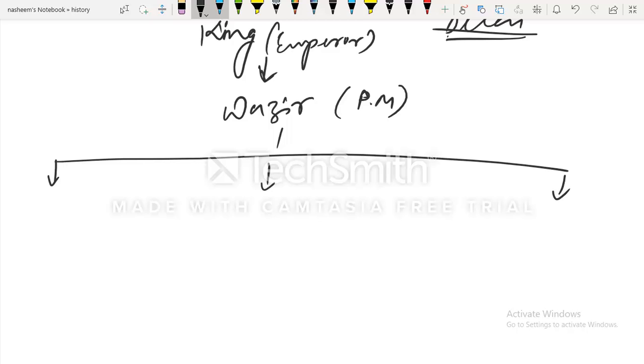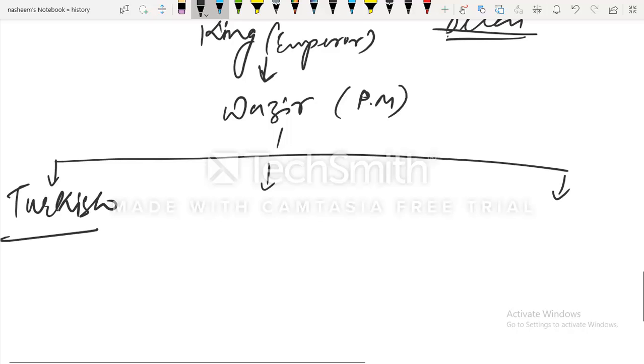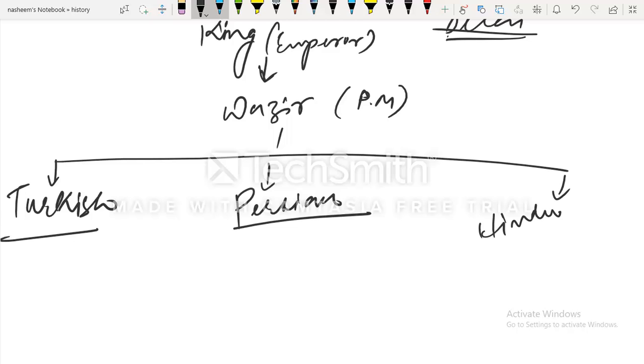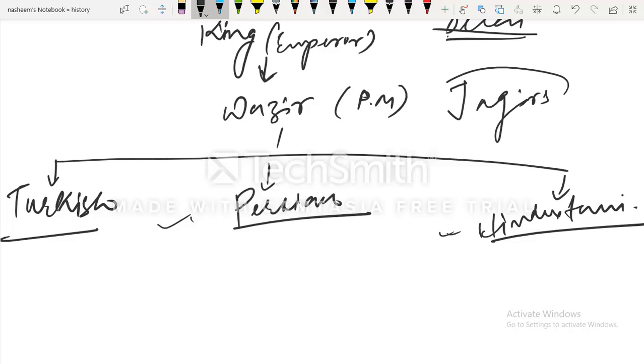There were the Turkish, the Persian, and then there were our own Hindustani nobles. So the thing is that these nobles used to continuously fight among themselves for the land or the jagirs, the estates.